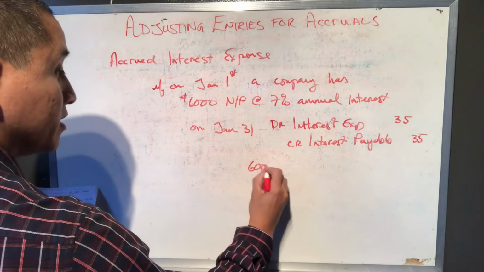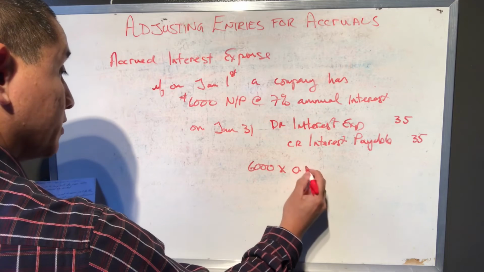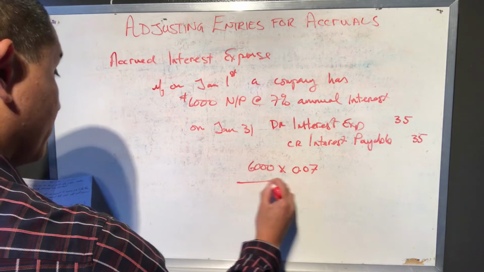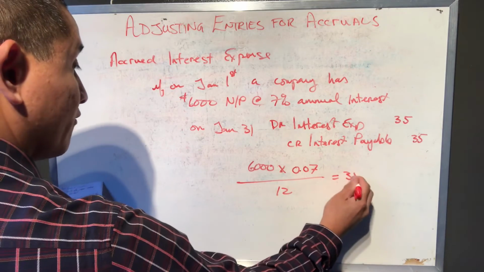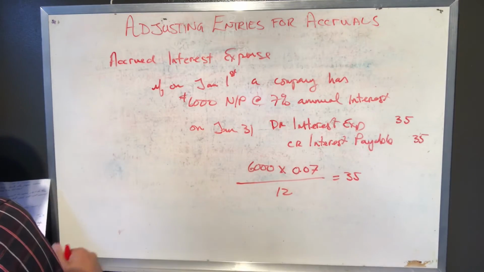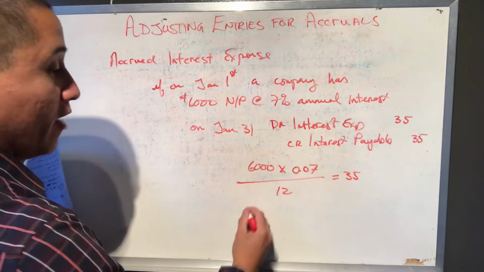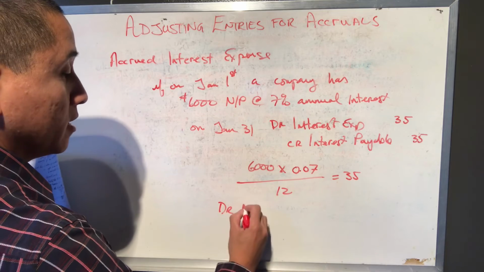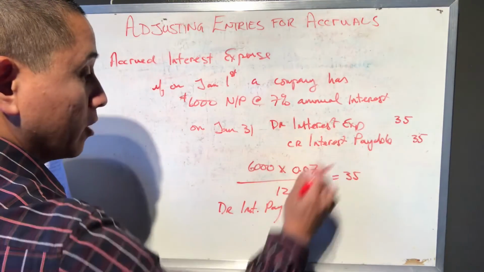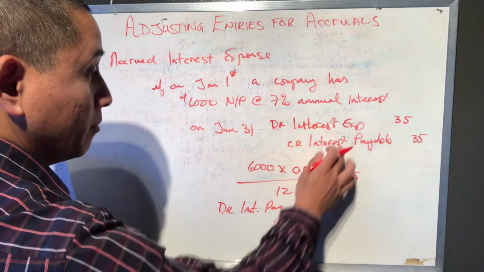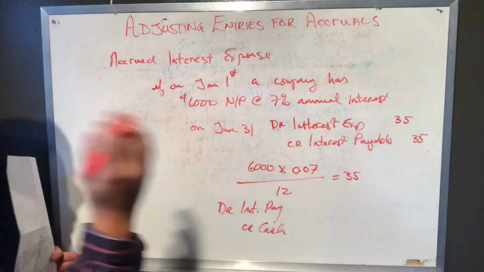It was $6,000 multiplied by the 7%, so 0.07, and that was the annual rate, divided by 12. So that comes out to $35 there. Then later on when we pay it off, it would be debit interest payable, because then we paid it off, so we're reducing the liability amount, and credit cash, whatever we're using to pay it off with.